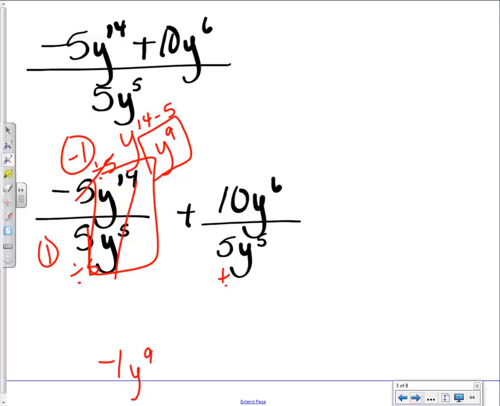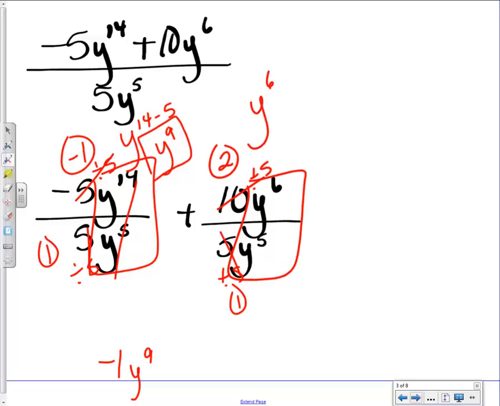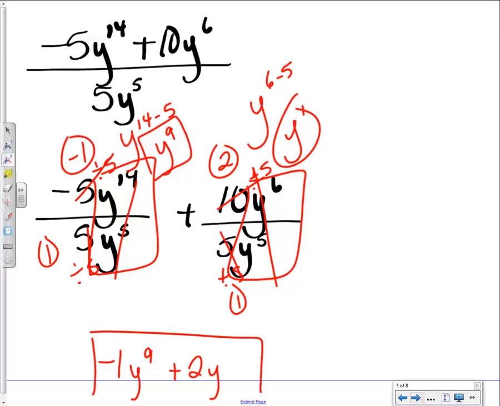In this piece, I divide by 5 on the top and bottom, and I get 2 over 1. Here I take my bases, I subtract my numerator minus my denominator, and I find y to the first, which is just y. And so I end up with plus 2y. I have negative 1 y to the 9th plus 2y, final answer.